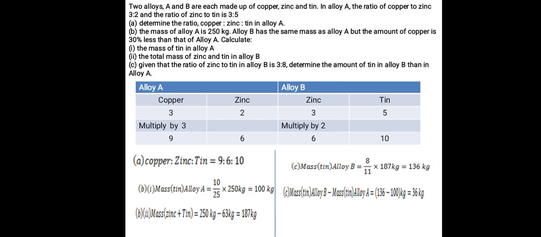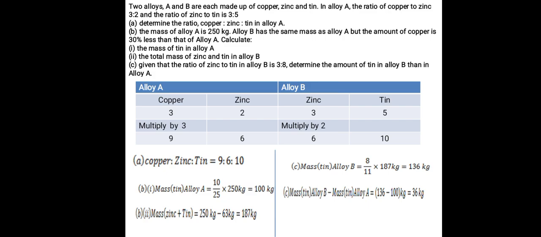You take 6 over 10 multiplied by 250. Once I've gotten that figure, multiply by 70% to get the amount of copper in alloy B, which is 63. Now, take 250 kilograms, because alloy B has a mass of 250 kilograms, less the amount of copper, which is 63 kilograms. What is remaining of that alloy, zinc and tin, is 187 kilograms.